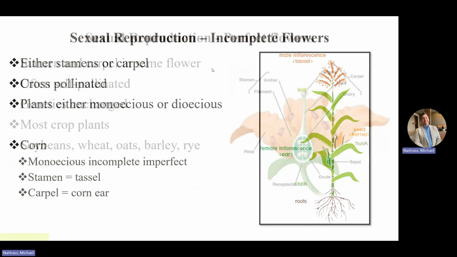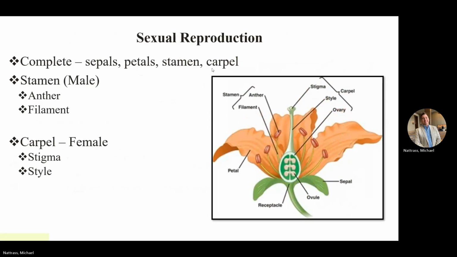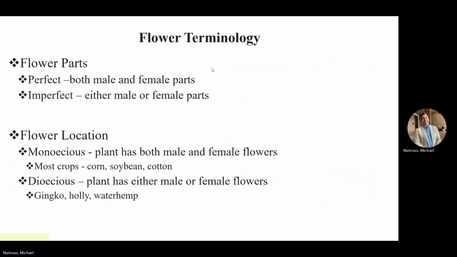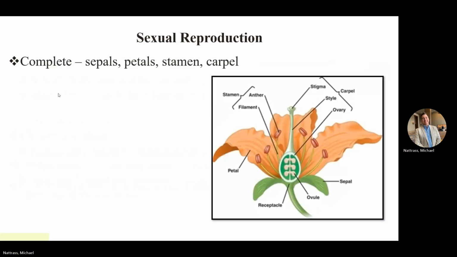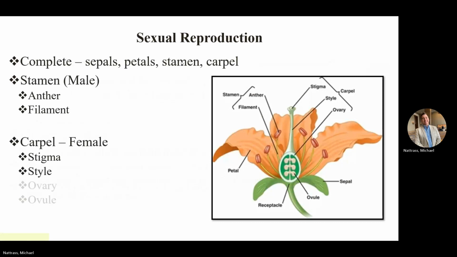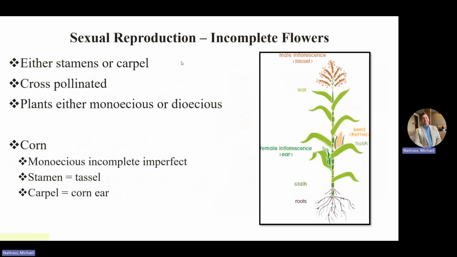Make sure I'm saying that right. It is possible to be monoecious, and if it's imperfect, that makes it incomplete. So if it's imperfect, it's automatically by default incomplete because it is missing one of these 2 things, or one of those 4 things, technically.